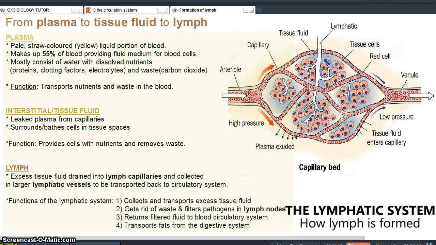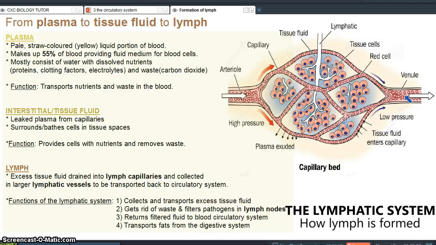On the other side of this capillary bed, the blood carrying the plasma is now going to be transported through the venules. It's going to be under lower pressure now, because the blood flowing through the venules and then linking up to the veins is under less pressure. Remember, veins have valves to prevent backflow.